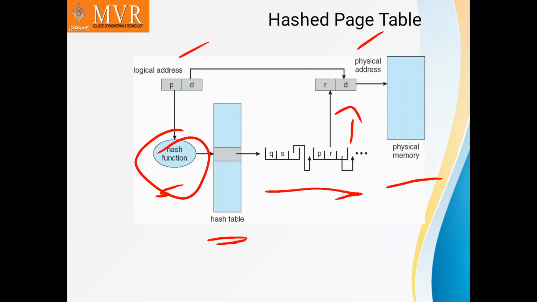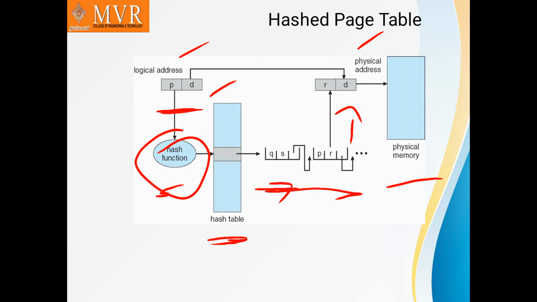See here, the hash function will give the hash table, and it has an address space of greater than 32 bits. It has the virtual page number, and the virtual page number is all the bits that are not a part of the page offset. Here the logical address has the page number, and D is the offset.